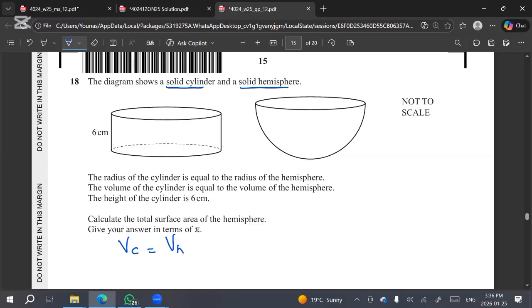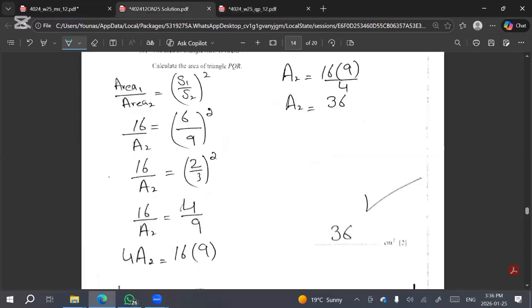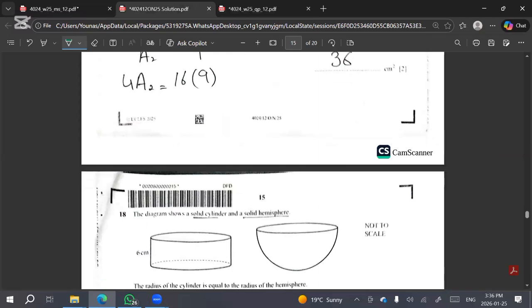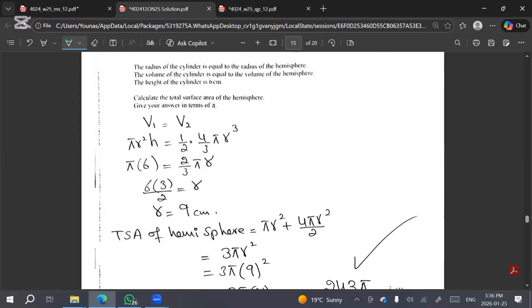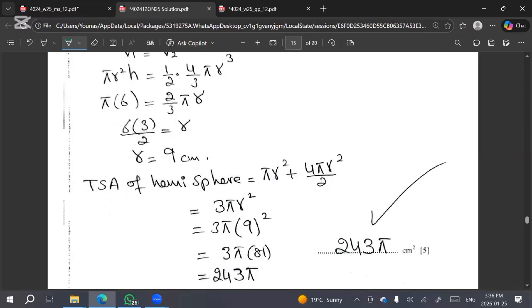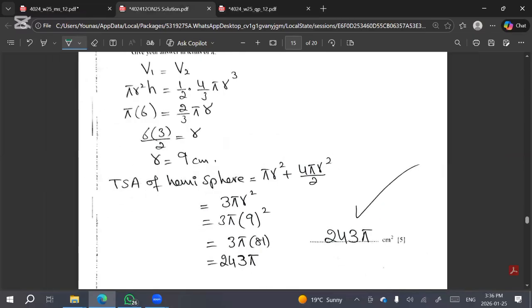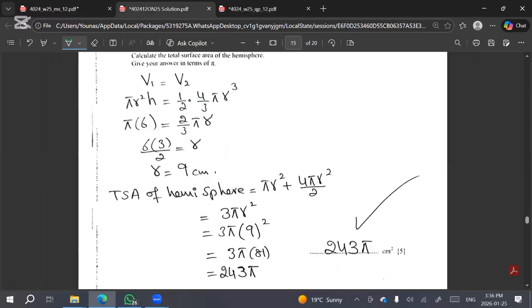You know, the volume of the cylinder is pi r square h, and the volume of the hemisphere is 1 by 2 into 4 by 3 pi r cube. He said the volume of both the solids is the same. So we don't know the radius, okay?